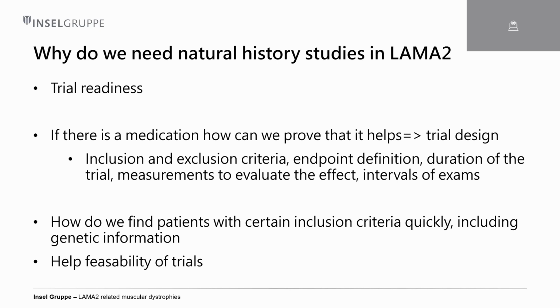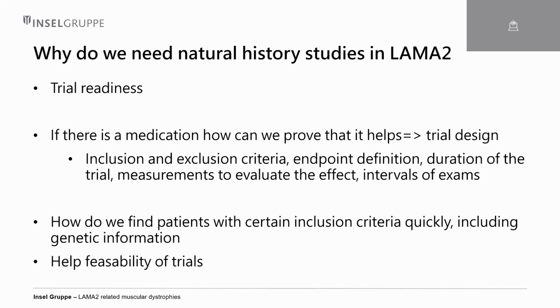So why do we need this natural history study? We want to be ready for trials. And if there is a medication and we want to prove that it helps, we need to know what are the inclusion and exclusion criteria. In a trial, we want to have a population that is relatively similar, where we know how they would evolve if we don't do anything.